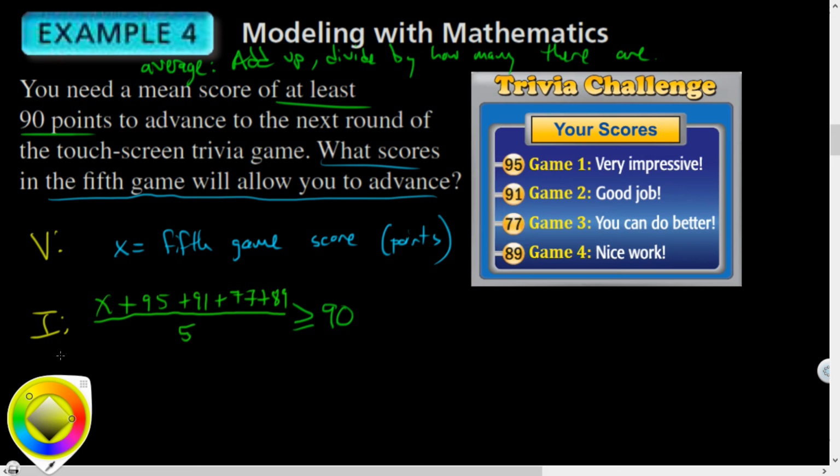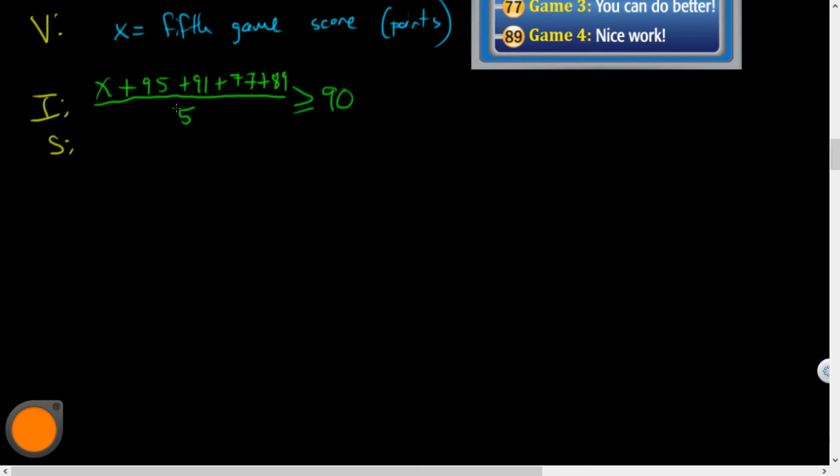All right, so this is my setup. Now, solving this is a little bit weird because of that big jumbo fraction bar. We could combine like terms first. Does anyone know what 95 plus 91 plus... Oh, it's 352. That's convenient. I'm that quick at reading it off my screen. Guys, it's not like I'm a math wizard or anything. Okay, so how could I solve that? I just combined a bunch of like terms.